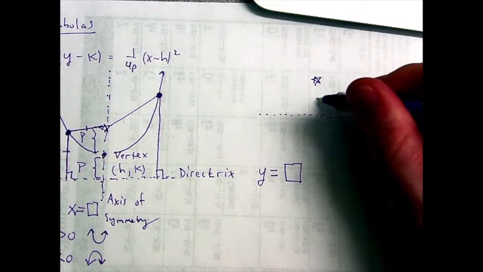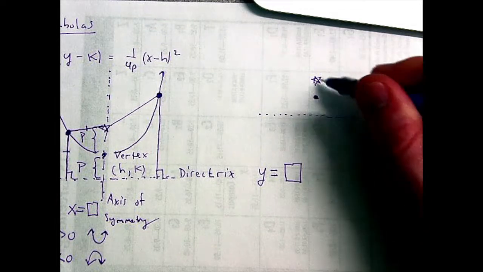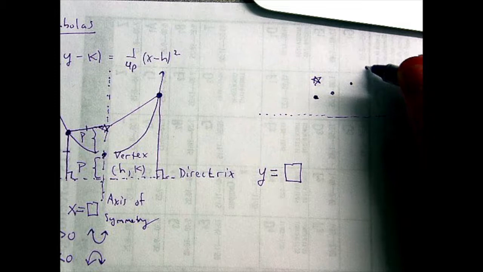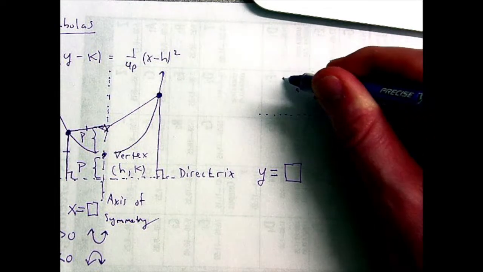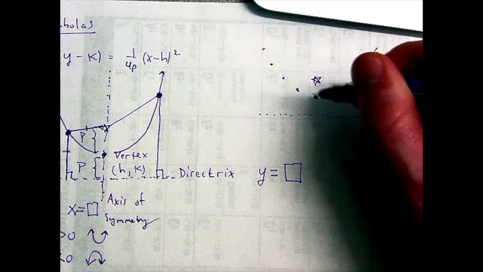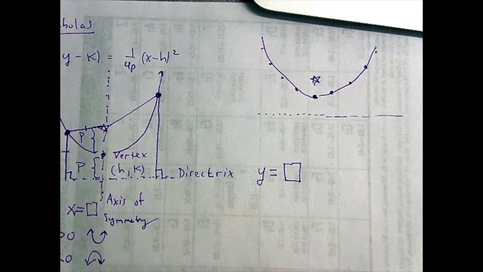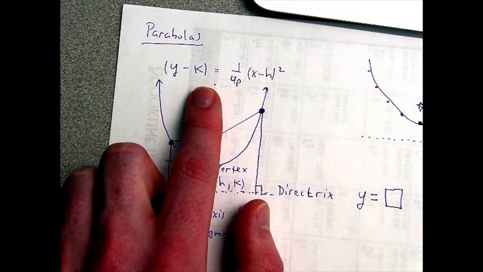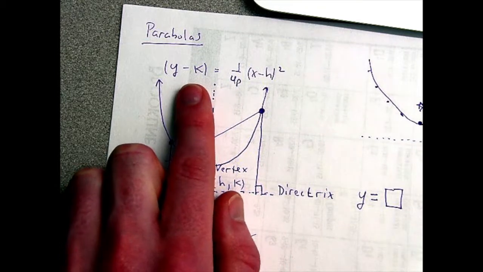Certainly the vertex is equidistant between these two things, but then so are all these other points, and the parabola is exactly the collection of all such points. So that is a geometric interpretation of the parabola, as opposed to the algebraic interpretation, which is just the set of points satisfying an equation of this form.